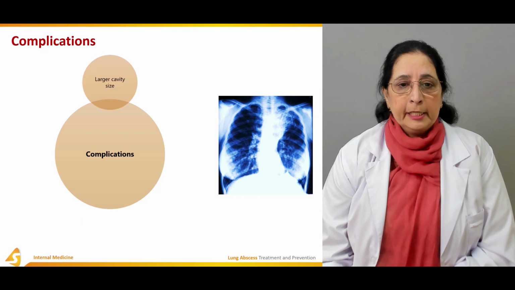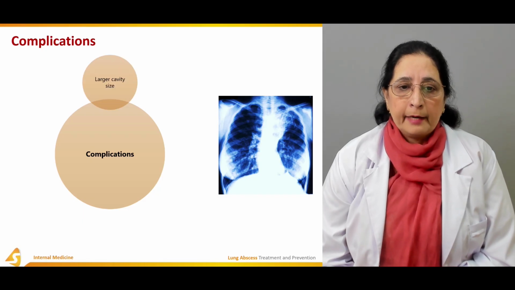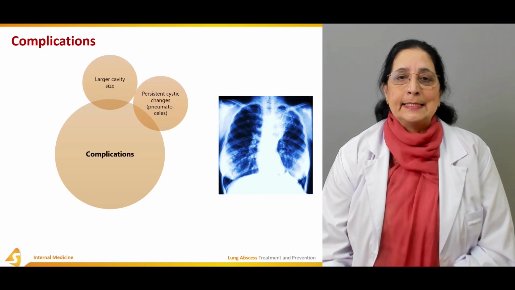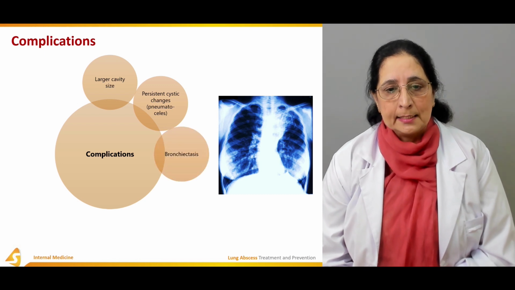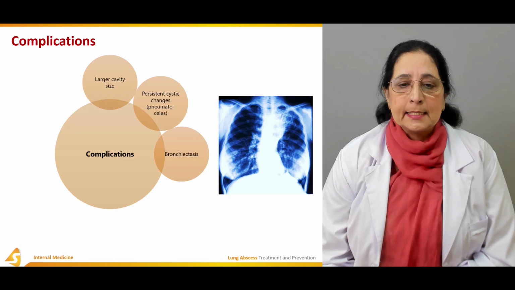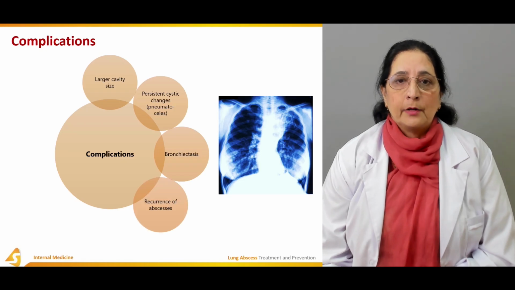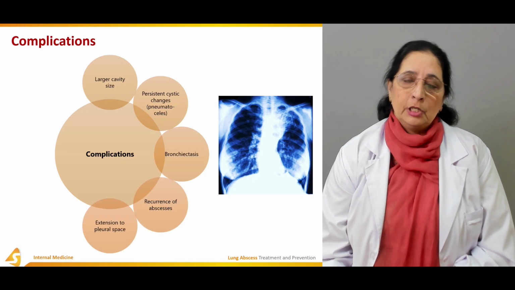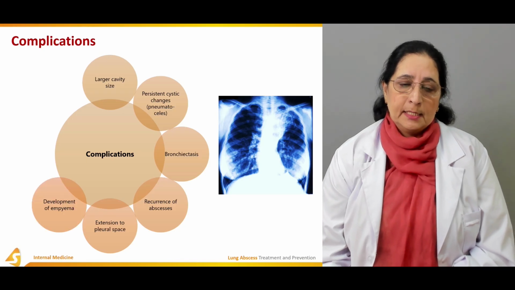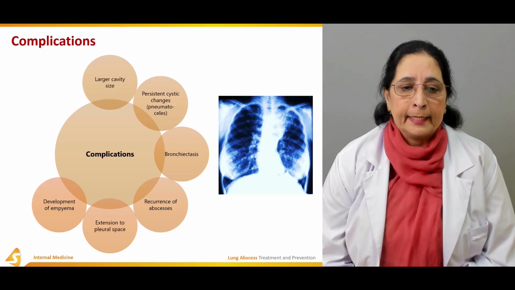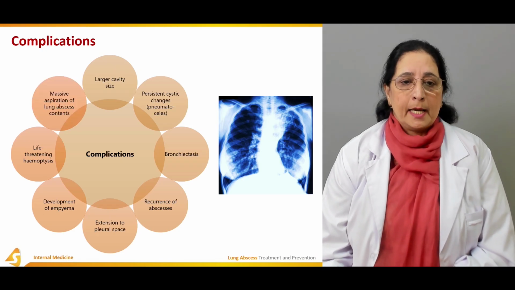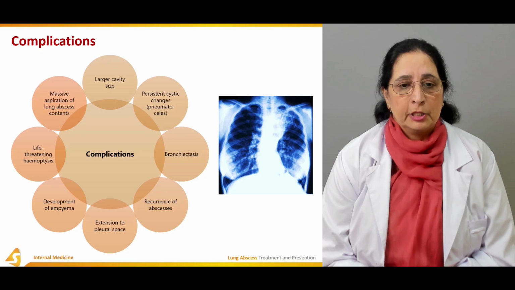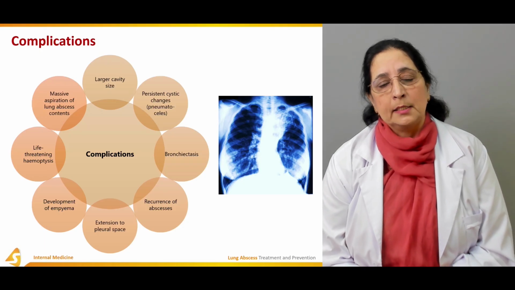Some other complications are large cavity size, persistent cystic changes like pneumatoceles, bronchiectasis, recurrence of abscess, extension to the pleural space, development of empyema, life-threatening hemoptysis, and massive aspiration of lung abscess content.